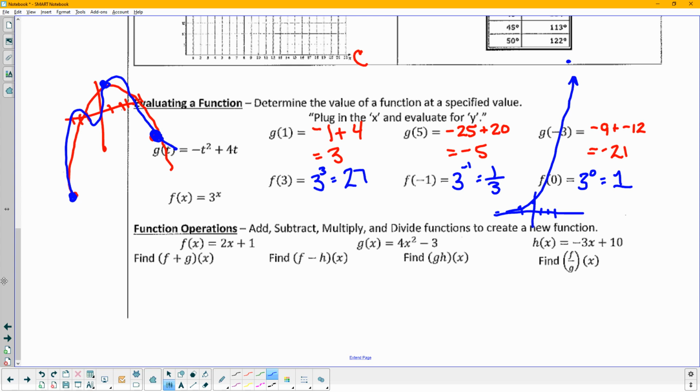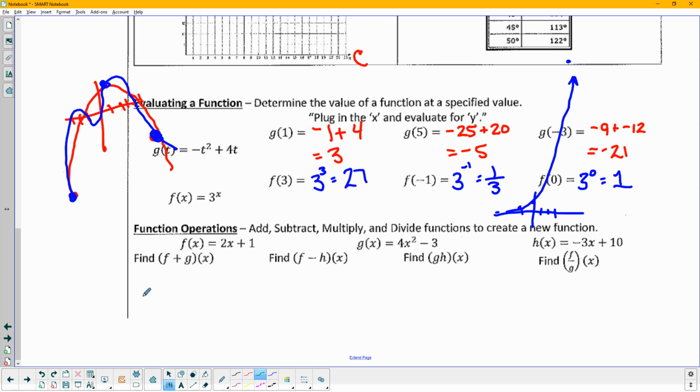For function operations, we can add, subtract, multiply, and divide functions just like we do with numbers, and we're going to do that. So for this first one, I'm looking at f plus g of x. The interesting thing about these problems is I do have to note which functions I'm using.